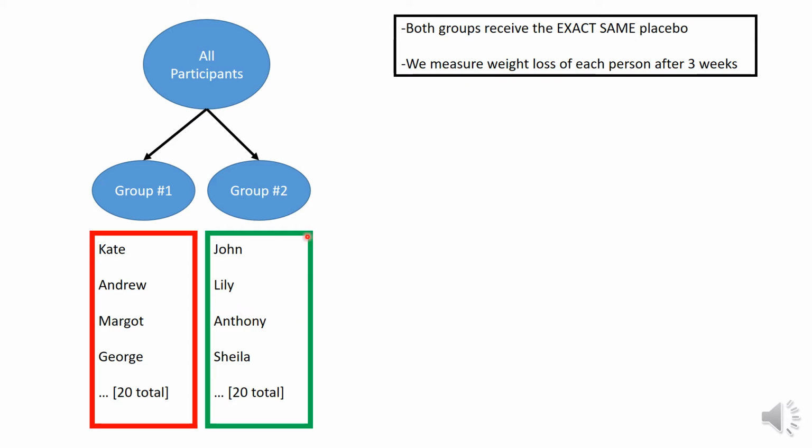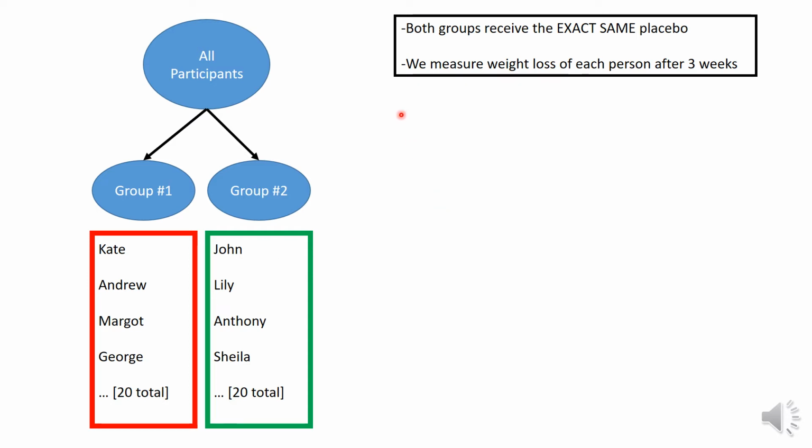Everybody's getting the exact same treatment. So the only difference between Kate and John, other than what's going on in their own personal lives, is that I say that Kate is in group 1, whereas I say that John is in group 2. But there's actually no other difference than that.